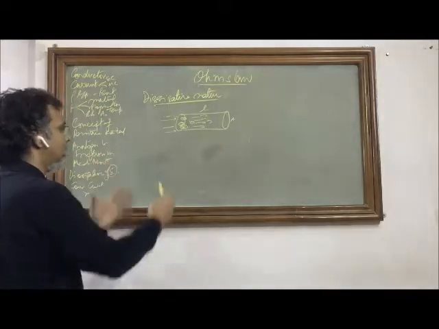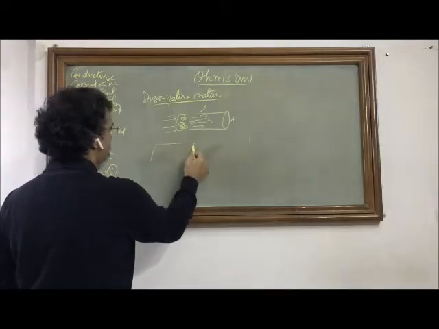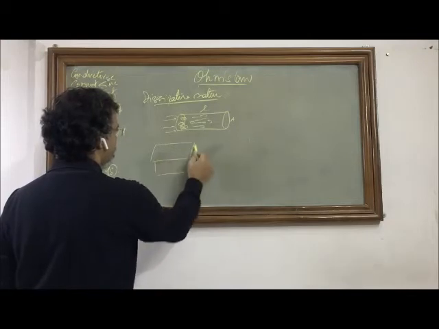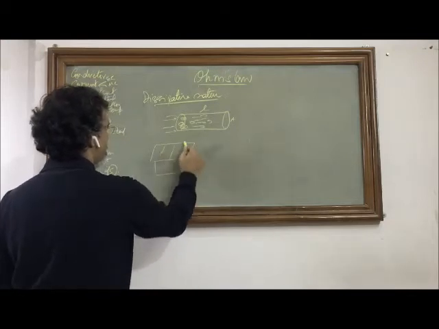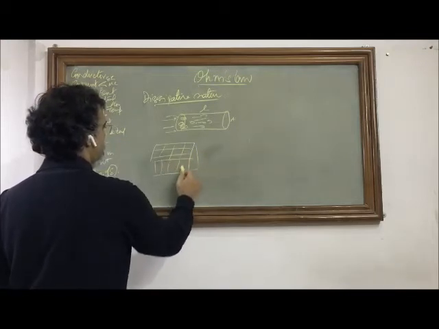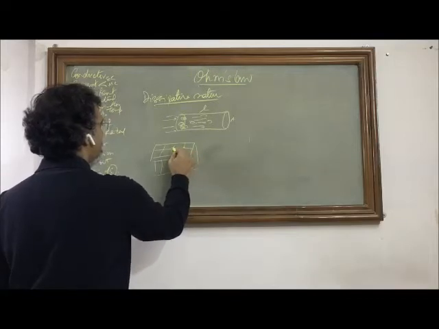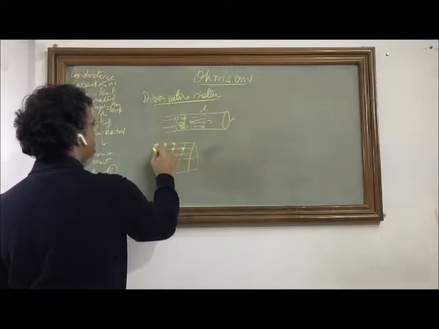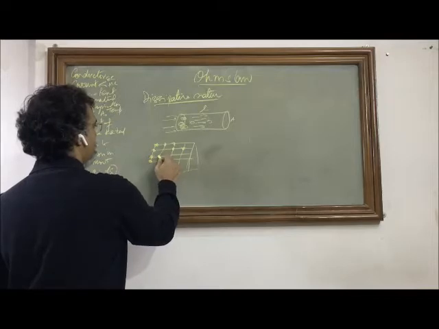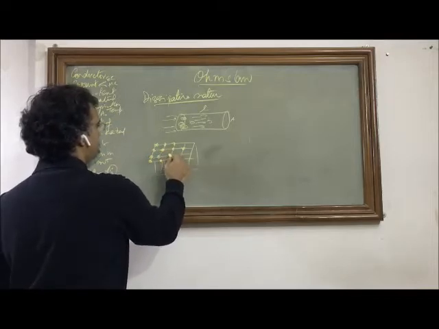If you analyze this further, metal is a crystalline structure, so you have a crystal with this kind of arrangement, and on the vertices you have the atoms of the metal.